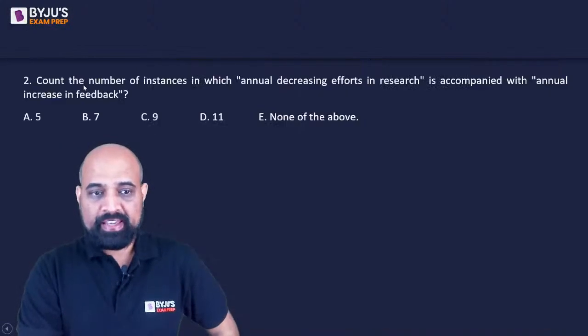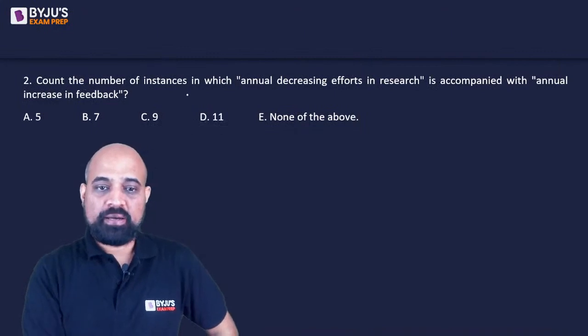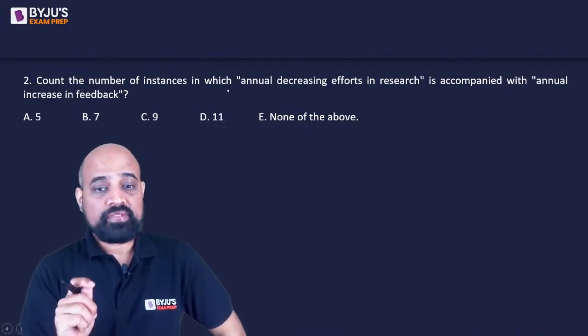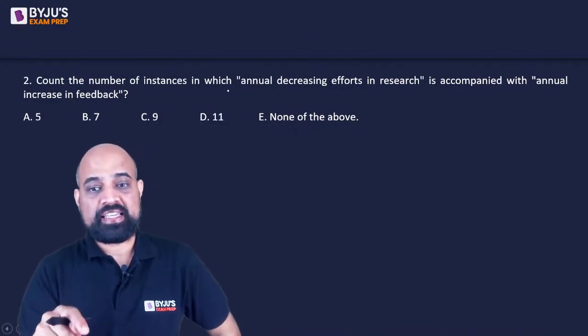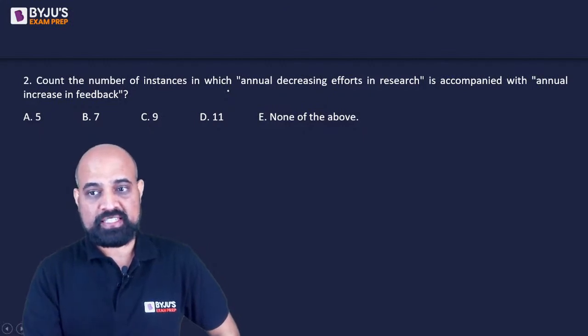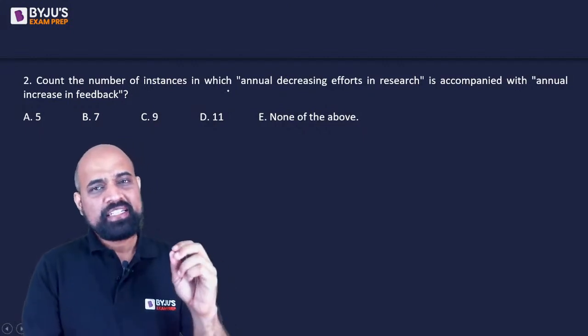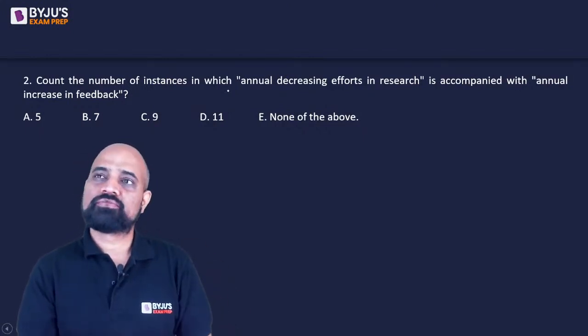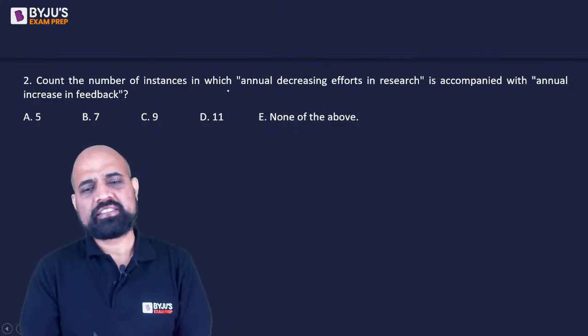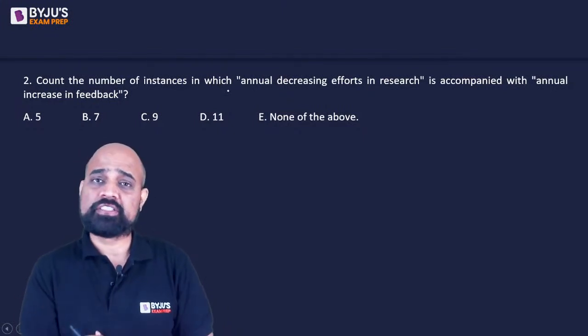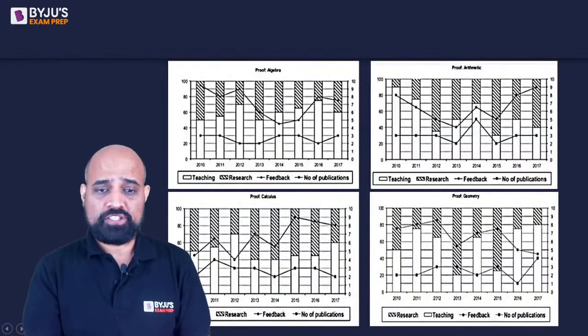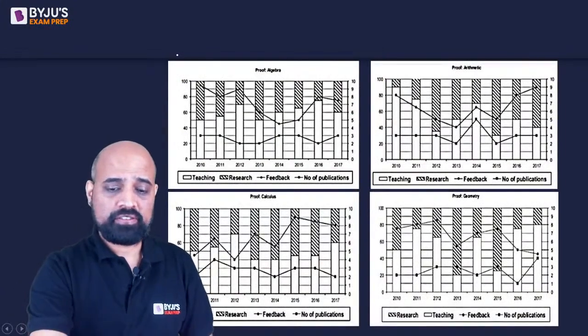Next one. Check the number of instances in which annual decreasing efforts in research is accompanied with annual increase in feedback. What is annual decreasing efforts in research? If we talk about research, these shaded ones.